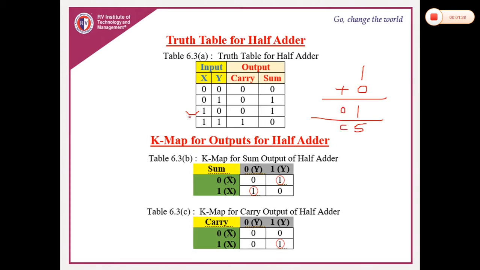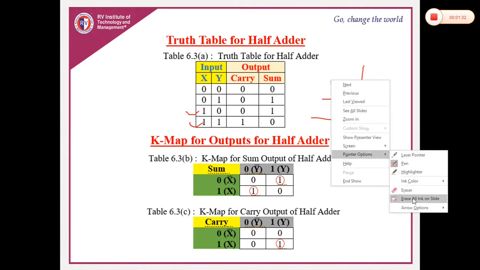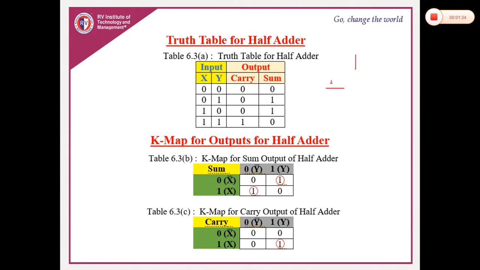Next combination, 1 plus 1, is 2. 2 is written as 1 0 in binary, where 0 is the sum and 1 is the carry. Same thing we have shown here.